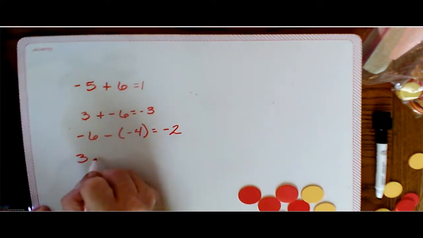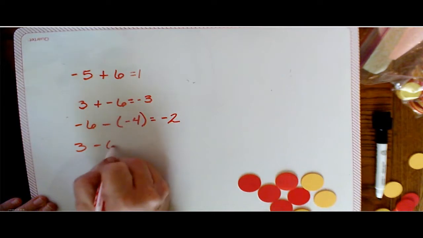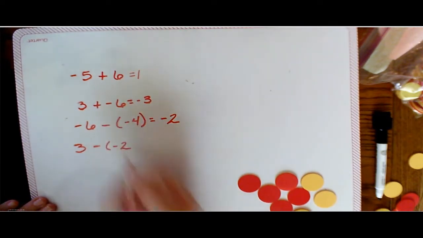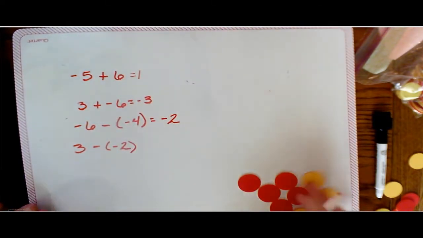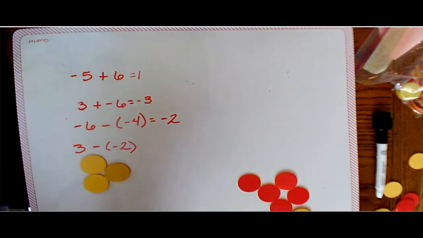Three minus -2. I have positive 3. And I need to subtract a -2. I don't have any negatives, so I'm going to have to add negatives without changing this value.